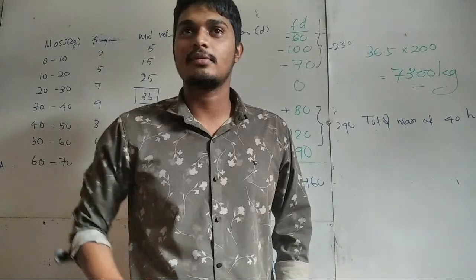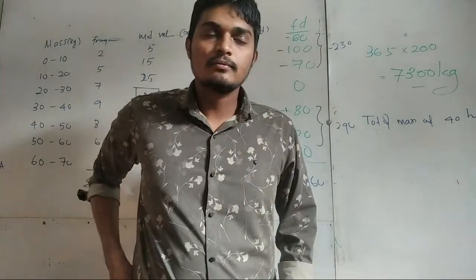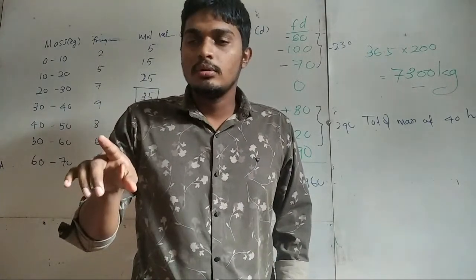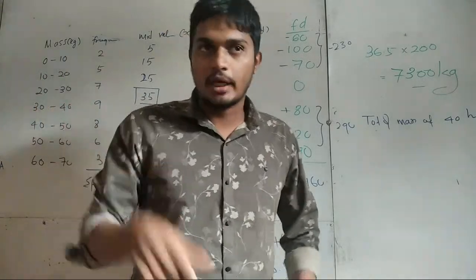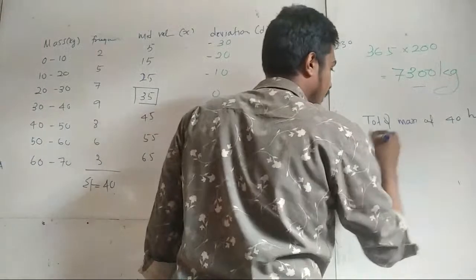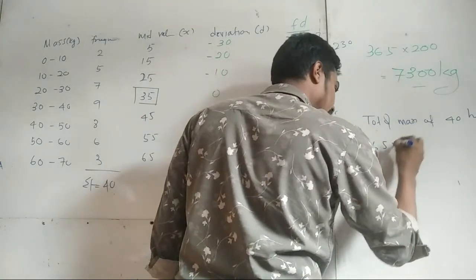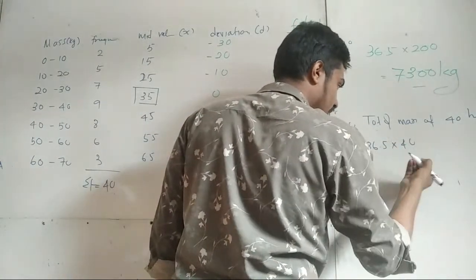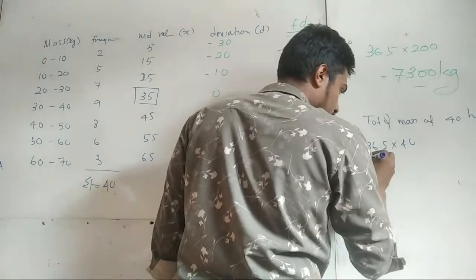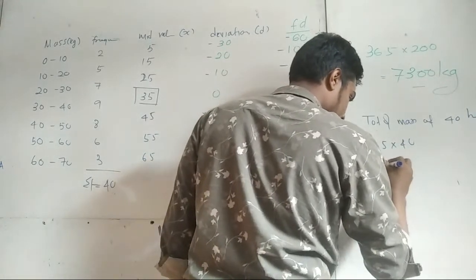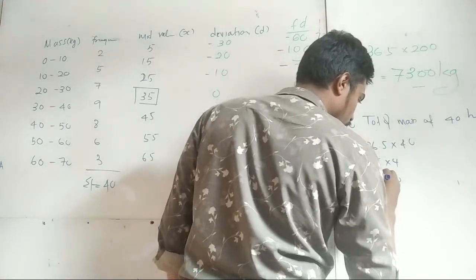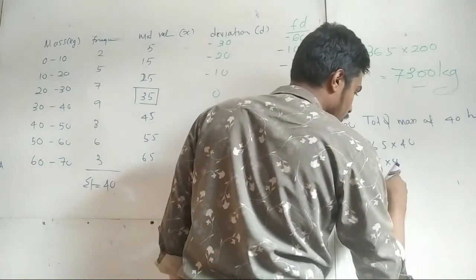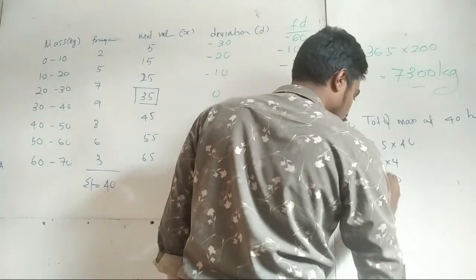You cannot put more, that's what they are saying. So guys, now if you multiply 36.5 by 40, what happens? You get 365 into 4, which will be equal to 1460 kilograms.